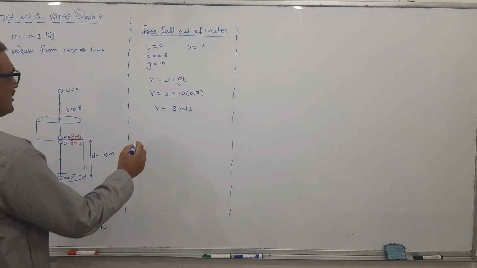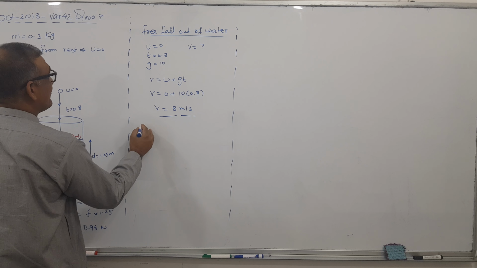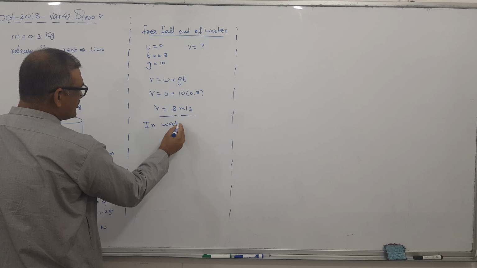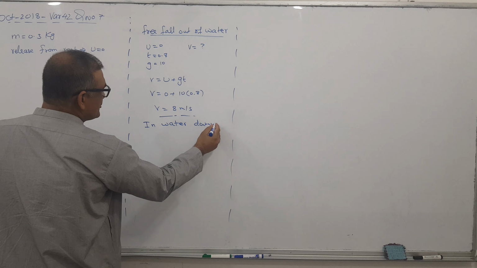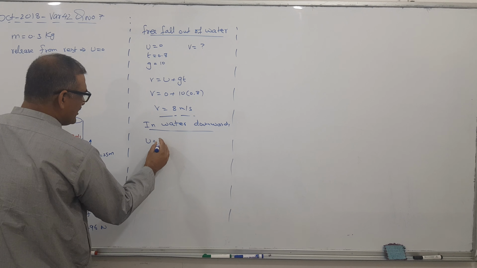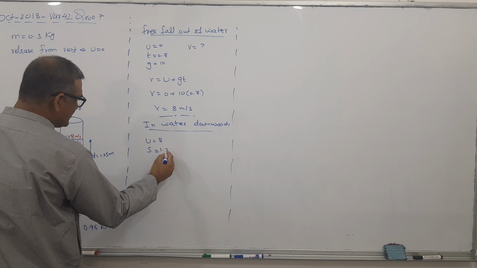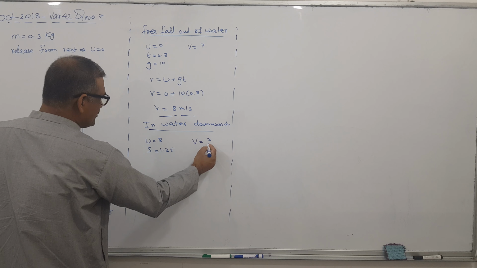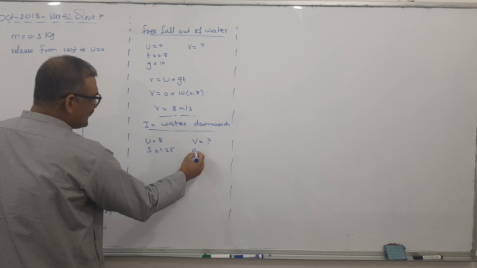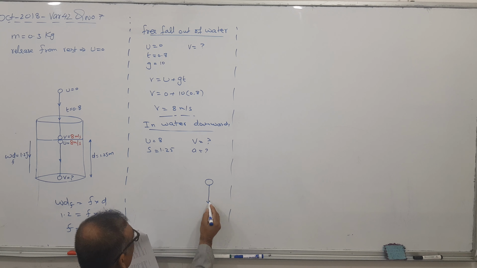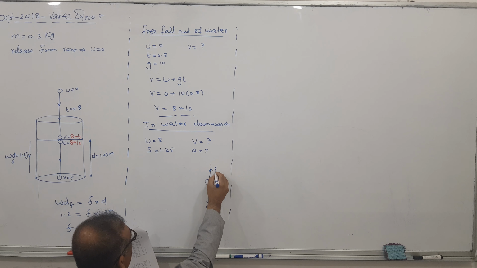Let's talk about step number 2: the motion downwards in water. This v becomes u naturally, and we have 1.25. We want the velocity, but before velocity we need acceleration. The particle has a weight component mg, and backward is the friction component.